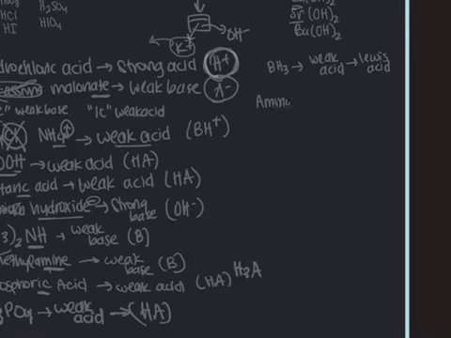All right, so let's look at something a little more complicated. I'm writing ammonium acetate. Now, ammonium acetate, we can see that there are two species in solution. We looked at ammonium before, and ammonium was written as NH4+, and acetate has the chemical formula CH3COO-.